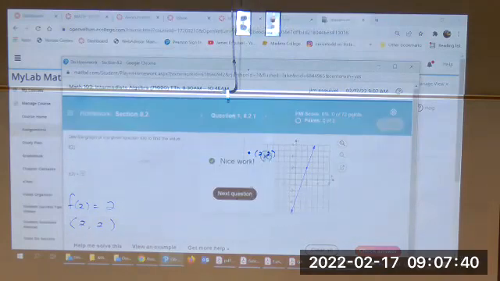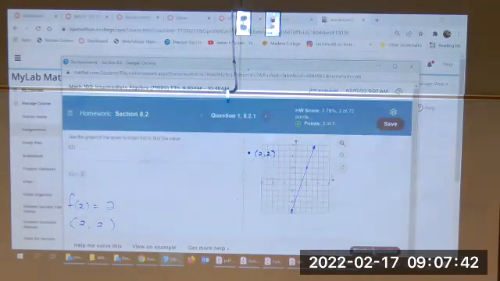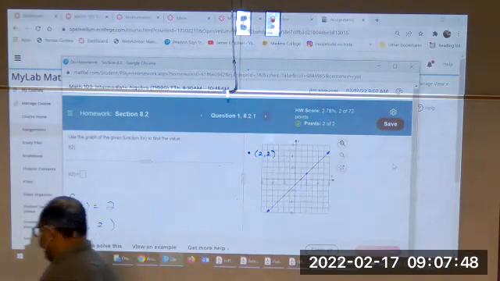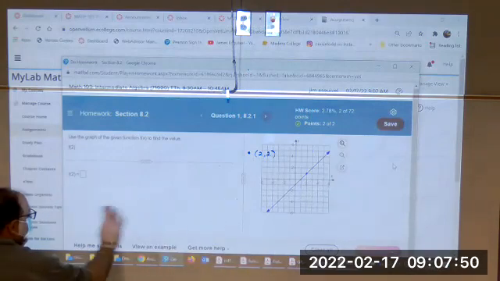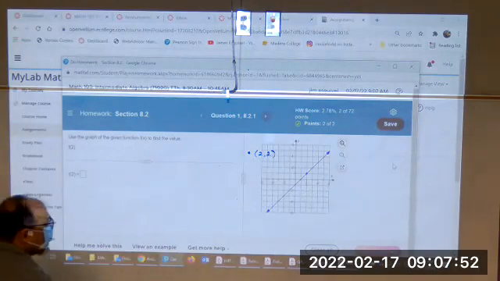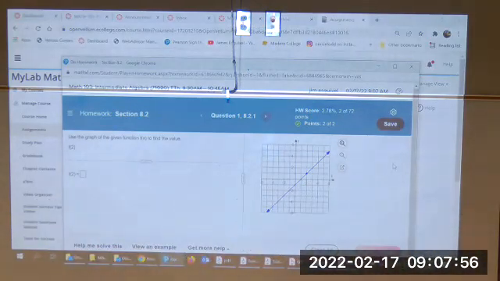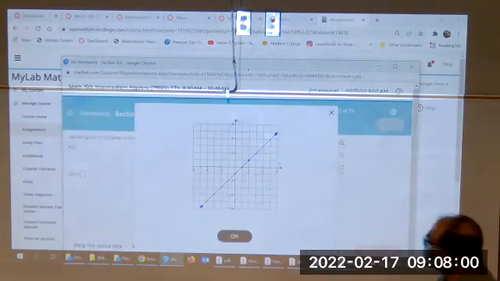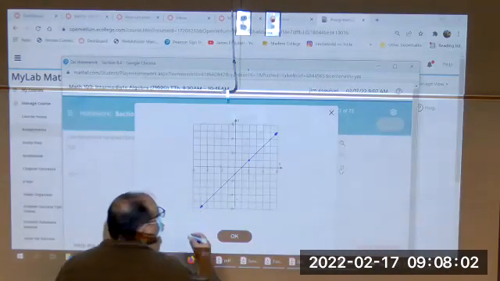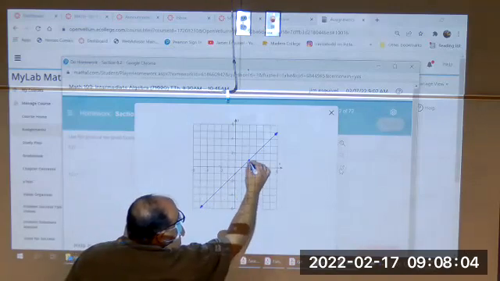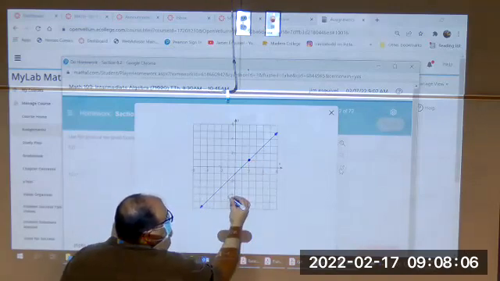So let me do a similar question, see if we can do something good. They're asking for f of 2 again, but at least they moved it. So now in this picture, when x is 2, here's the point on the graph.